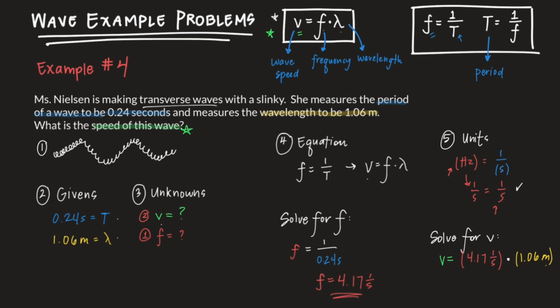So I'm going to plug that into my calculator. 4.17 times 1.06 will give me 4.42. And again, that's meters per second because a meter times a 1 over second is a meter per second. So that is our answer for example number 4.